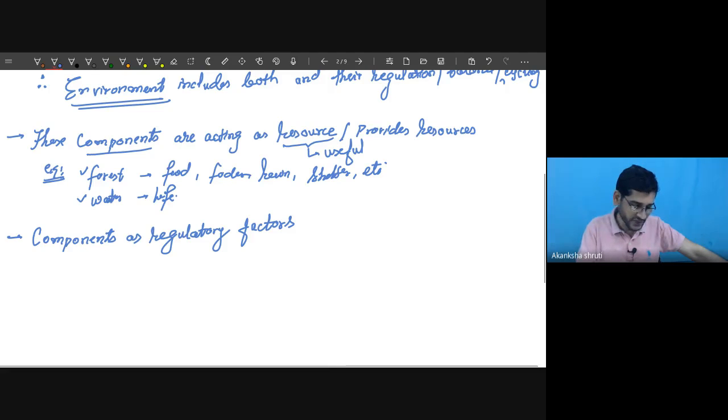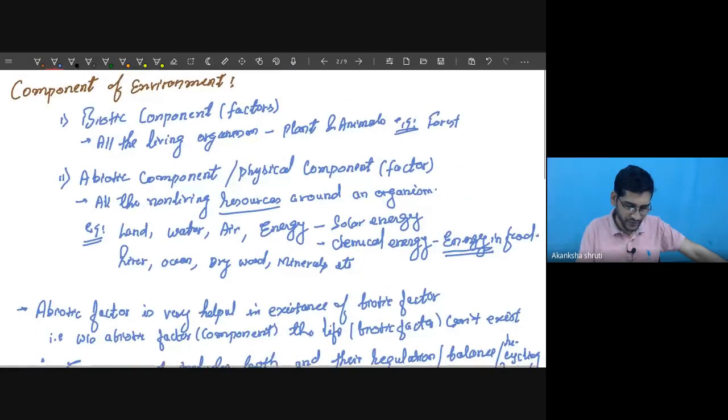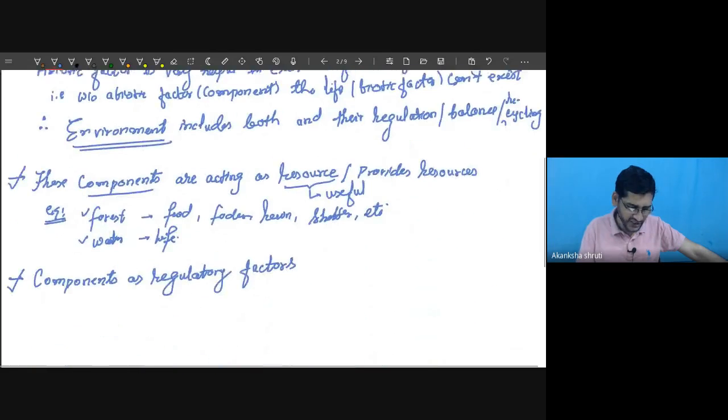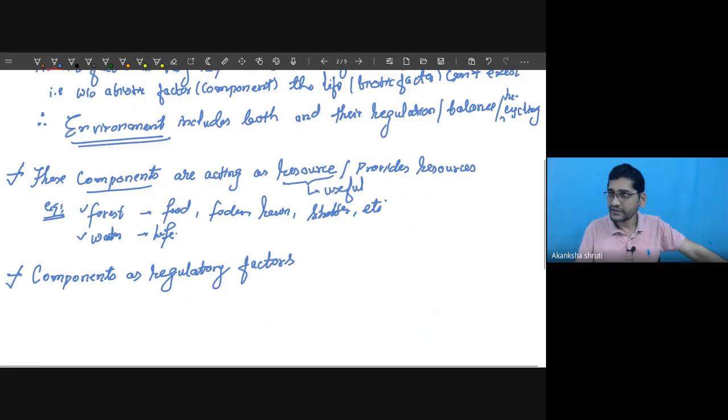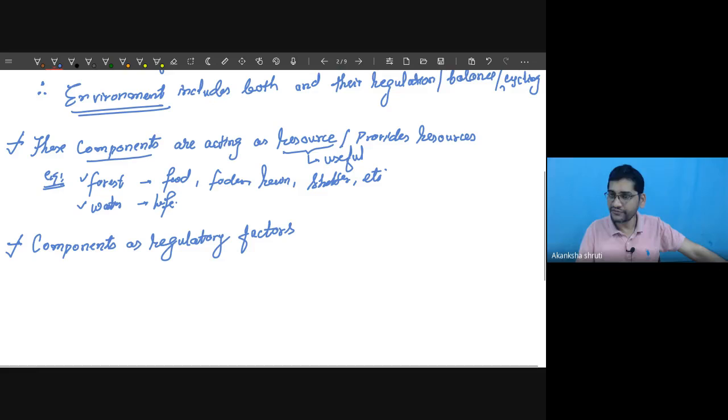Your answer should be based on these 2 points. Though you write environment includes biotic and abiotic components, the key thing in the question is what are the uses of these components? So these components are acting as a resource. These components are helpful in regulating the environment.